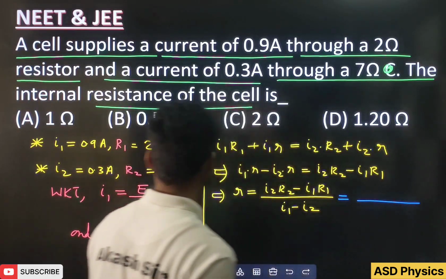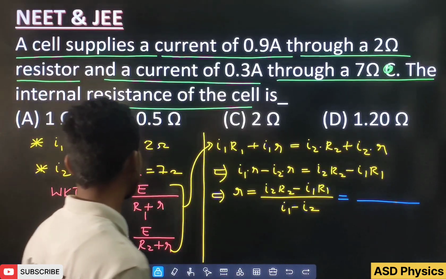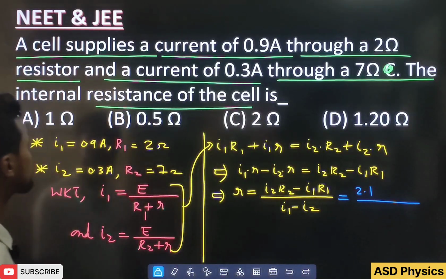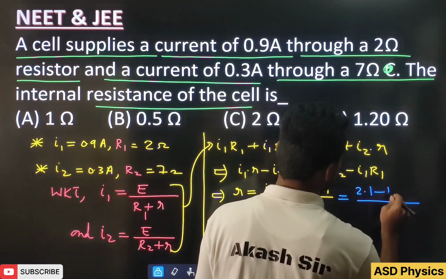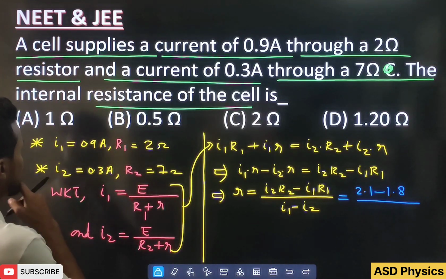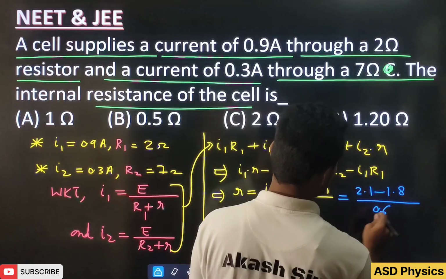So I2 R2, how much is this? 0.3 into 7. 7 into 3 is 21, that means 2.1. Okay. I1 R1, how much? 0.9 into 2. 9 into 2 is 18, so 1.8. And I1 minus I2 is 0.9 minus 0.3, that means 0.6.